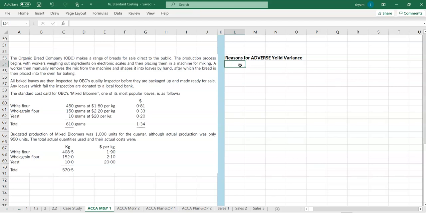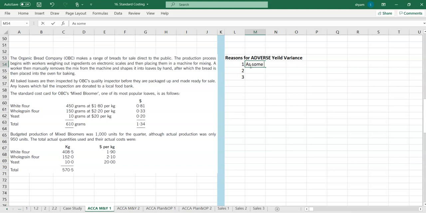So what can be the reasons? He's just asking for three reasons. The production process begins with workers weighing out ingredients on an electrical scale. That will not cause any problem in the outcome, as yield is usually concerned with the outcome. A worker then manually removes the mix from the machine.